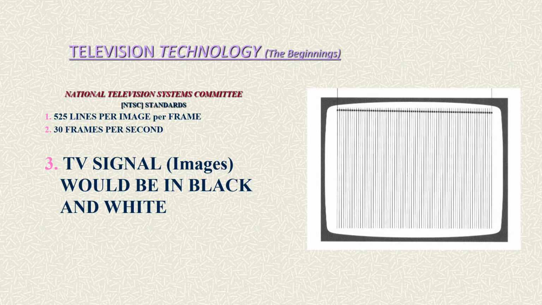Early color television had been worked on. It had been born, but the problem was that it wasn't really stable, and it just wouldn't last in the same level of quality as black and white signals would.